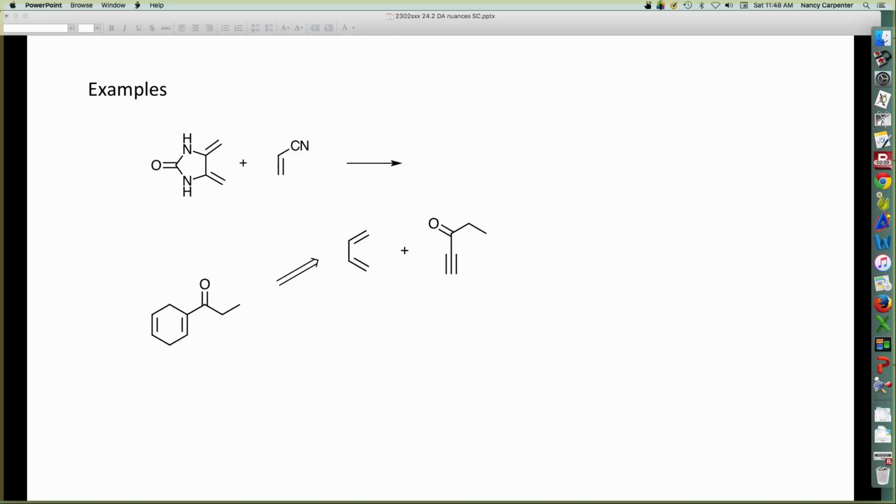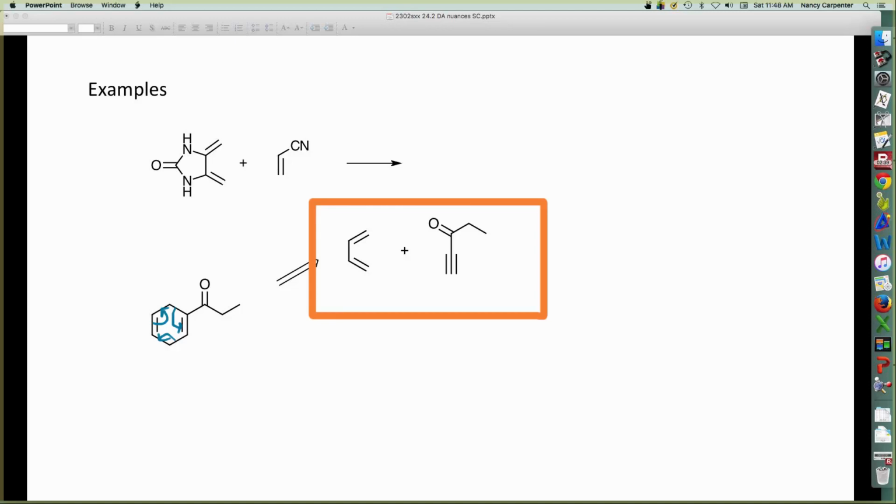What I'm trying to tell you here is that when I look at this as a target molecule from a Diels-Alder, I could break it down one of two ways. I could break it down by considering those retrosynthetic electron movement arrows, and that gives me this diene and dienophile.